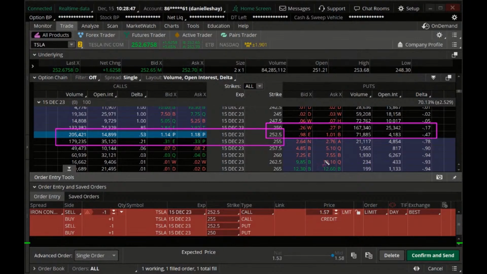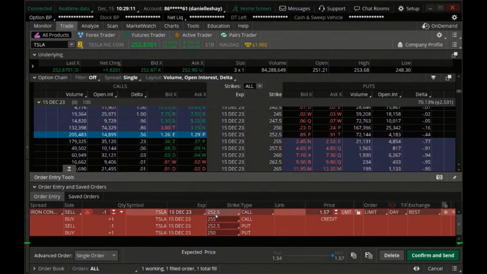You're doing both of those to create this range bound trade, where as long as it stays within that range, then you can get your money. Because it's already so late in the day and today's Friday, this is only going for $1.57, $1.58.